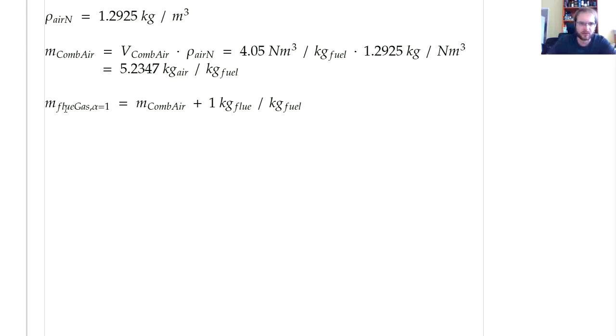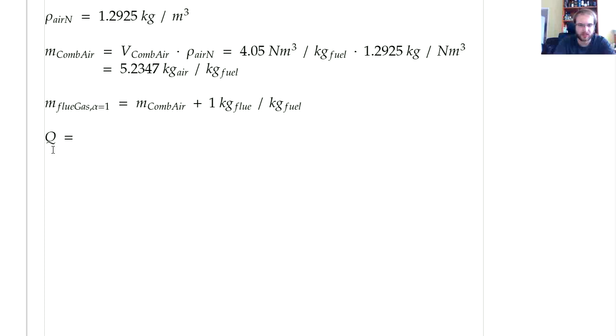So we have the mass flow rate, and how do we get the amount of heat that is contained within this flue gas stream? What we use is the calorimetric equation.